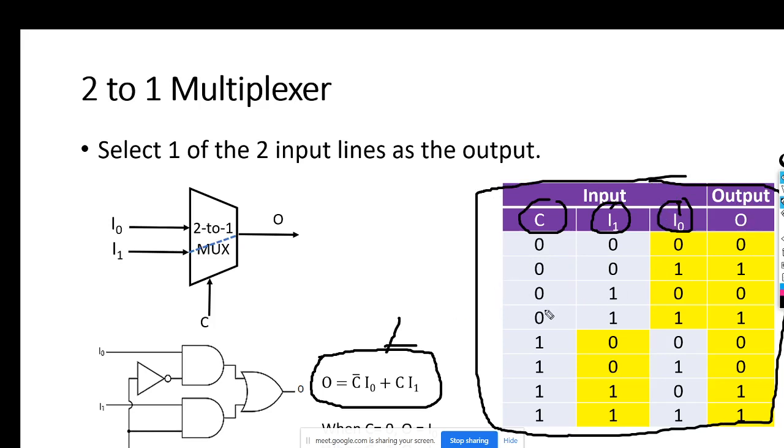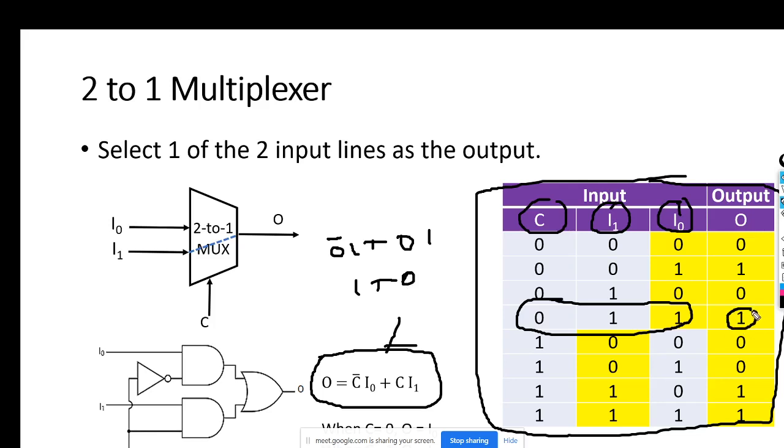For example, if you have 0 1 1, you can just substitute here. C is 0, that means C bar is 1. I0 is 1, so that is 1, plus C is 0 and I1 is 1. We know that 0 bar is 1, 1 times 1 is 1, 1 plus 0 is 1. You can see that the output is 1. Likewise, you can substitute those values and prepare the output values.